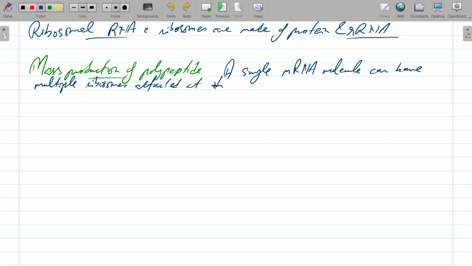Well, saying at different points isn't correct, because they're all starting from the beginning to produce multiple copies of whatever polypeptide it is. And so you take the entire process, and then you imagine, okay, fine, that's happening with one ribosome. Imagine that there are 10 ribosomes.